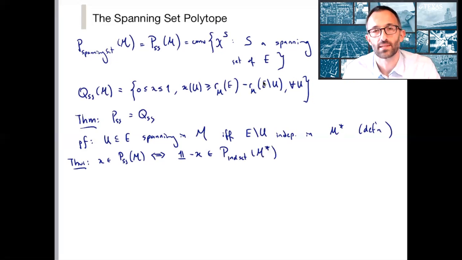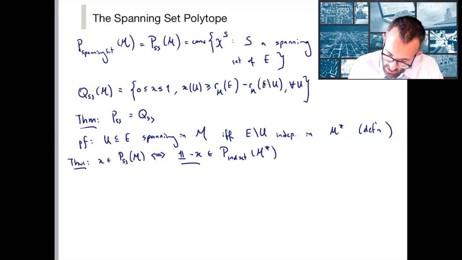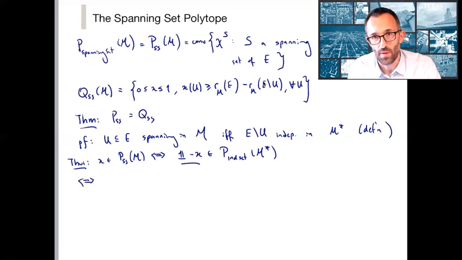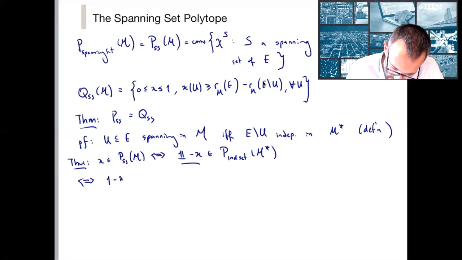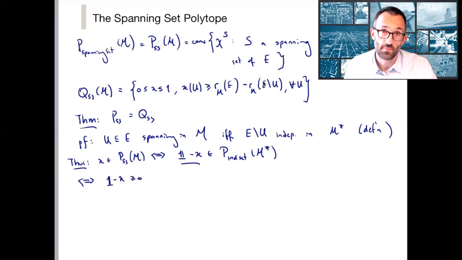And therefore, this is the key that will allow us to use the results from the previous lecture. Because we know what it means for something to be an element of the independent set polytope of any matroid, in this case, the matroid M star. So, in other words, 1 minus x is an element of the independent set polytope of M star if and only if, the easy one, it has to be non-negative. And also it has to satisfy all of those rank constraints.